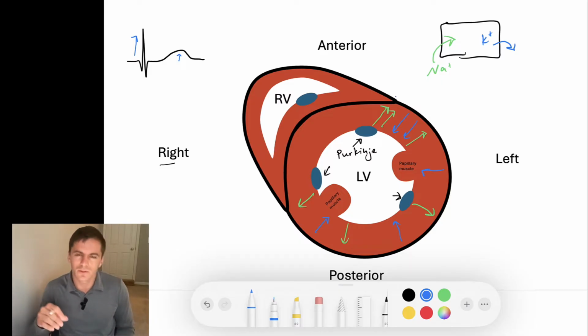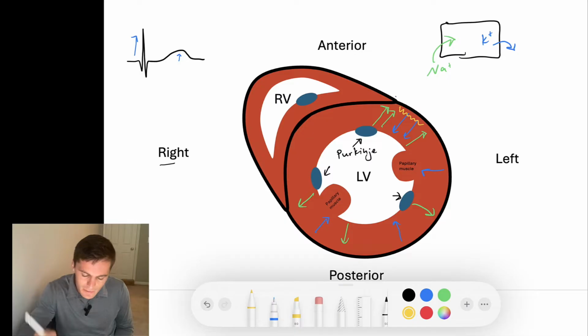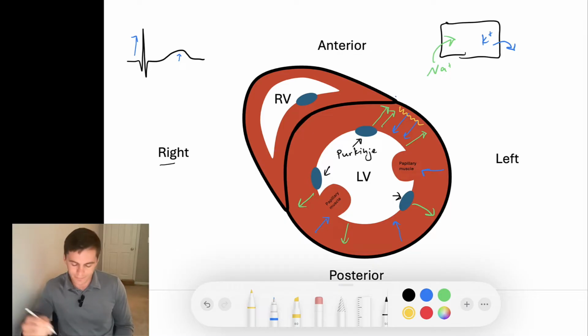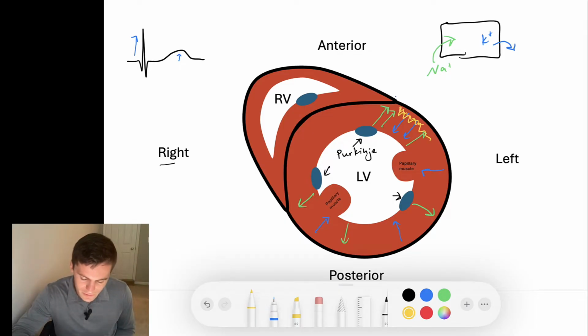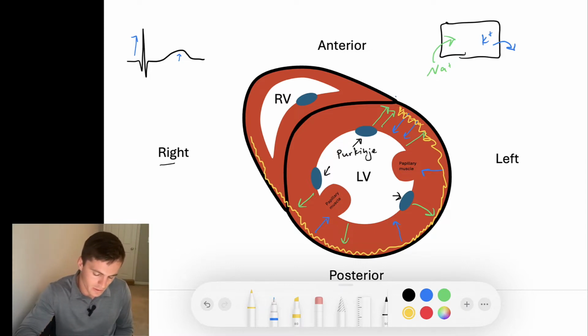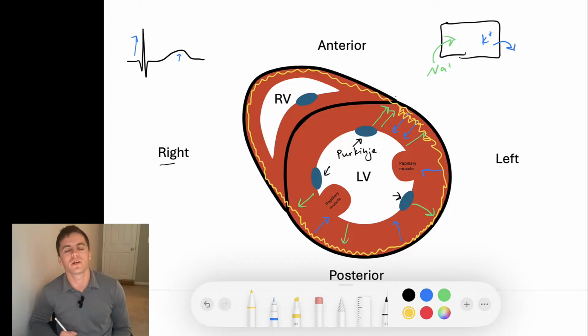Let's talk about what happens when you start to disrupt this system, right? Pericarditis is going to disrupt the system because we're going to be causing inflammation in the most epicardial portion of the heart, right? The way I can best explain this to you is, one, we're going to have inflammation all throughout the pericardium, which is going to cause inflammation diffusely throughout the most superficial area of the myocardium, right?